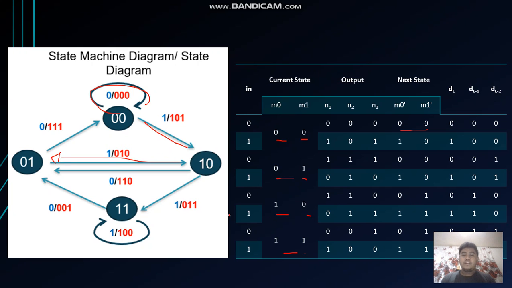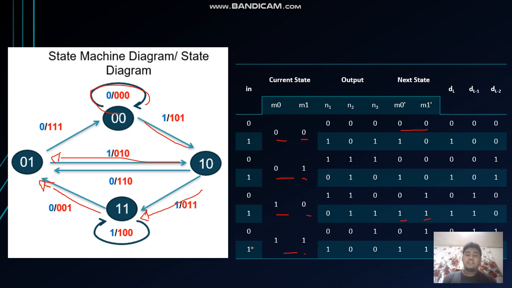And if our input is 1, our next state will be 1 1. So in 1 1, if our input is 0, the next state will be 0 1.